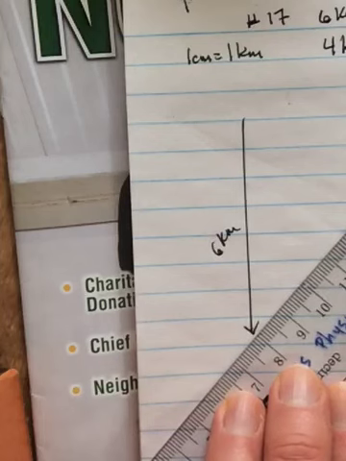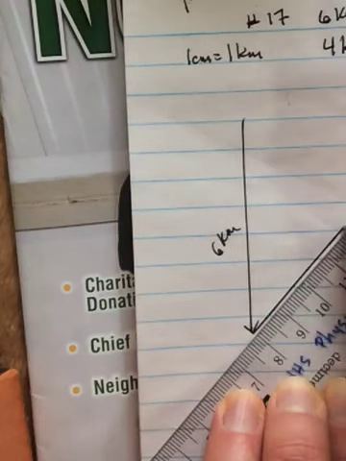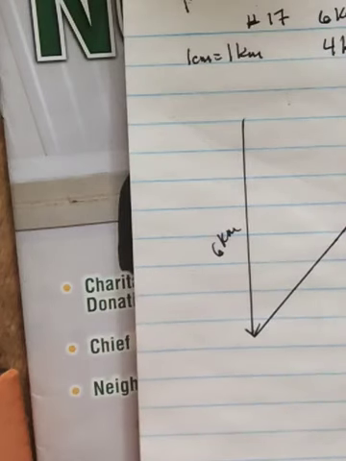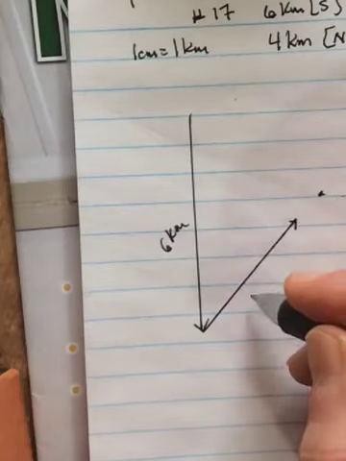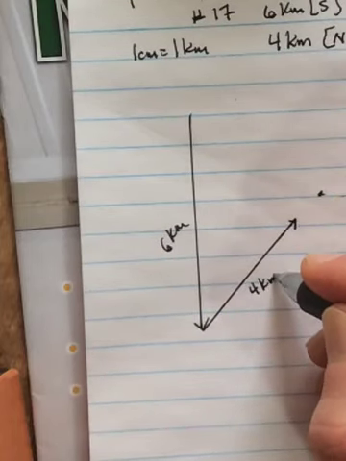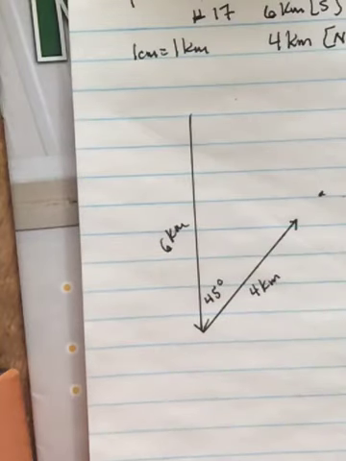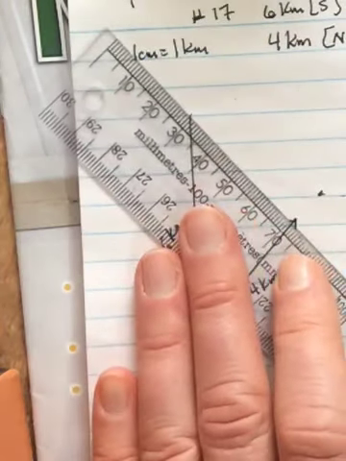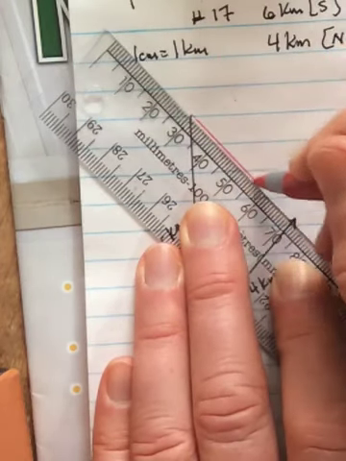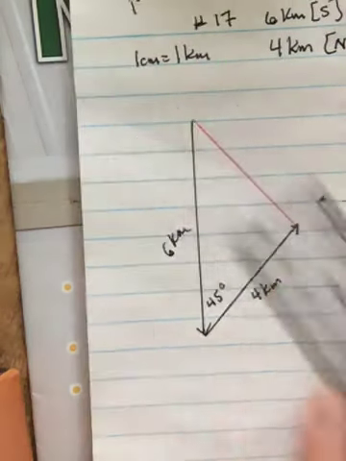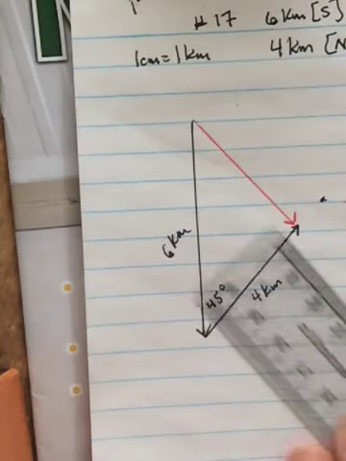So from the tip, 4 kilometers. Put your arrowhead in. So this is 4 kilometers. This is 45 degrees. Switch colors, for me at least. Draw in my resultant. No, you don't have to switch colors if you don't want to.